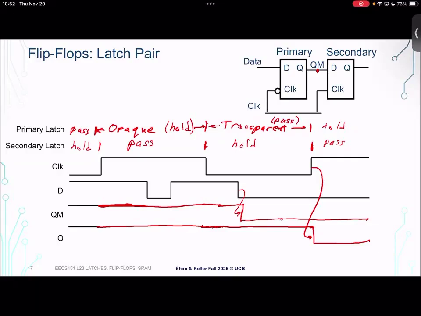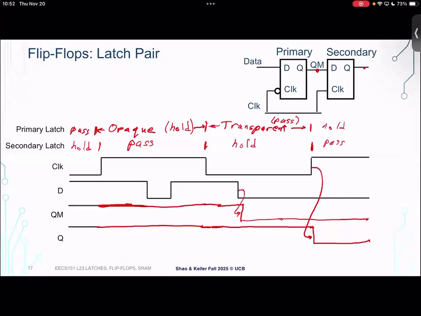Right. So QM is driven only by the primary latch. And so it's either going to take the value of D if that latch is transparent, or it's going to just remember its previous value if that latch is opaque. And then similarly, Q only depends on the value of QM. Same thing.